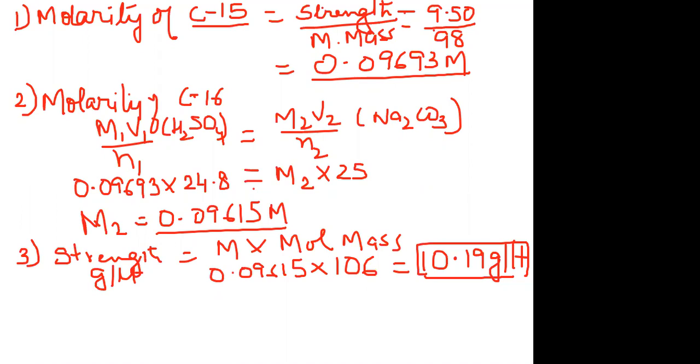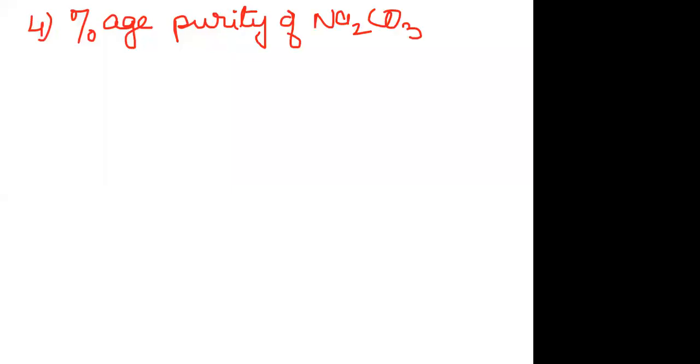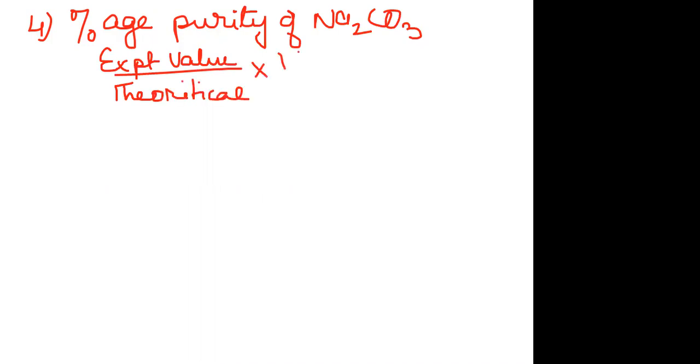For the fourth question, we will apply the formula: percentage purity of the sample of sodium carbonate can be calculated by using the formula, the experimental value divided by the theoretical value, into 100.